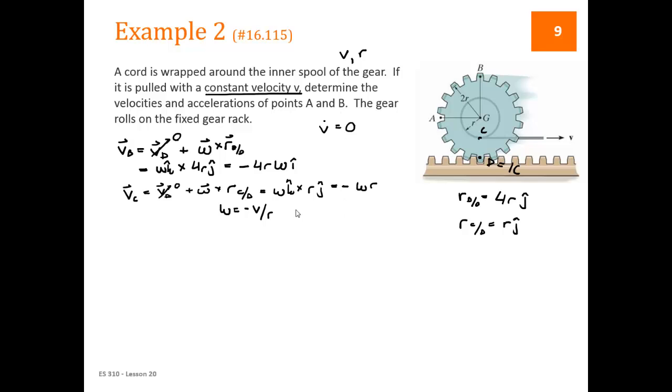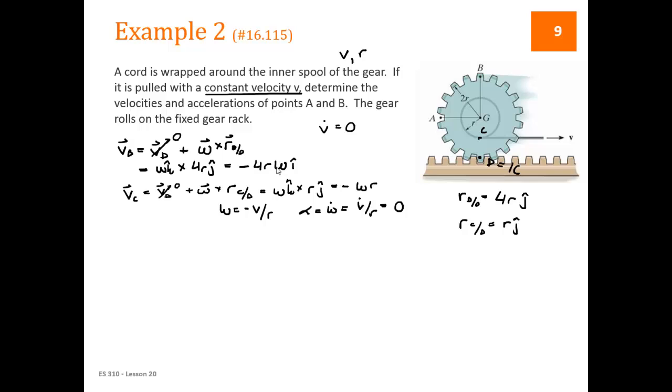Alright, take the derivative of this, you get alpha. So omega dot is equal to 0 because there is no time derivative there, right? Because V dot is 0. And so this would be V dot over R, and V dot is 0, so alpha is 0. Alright, so now we know omega, we know alpha. That's going to be useful later, but for now we need omega.